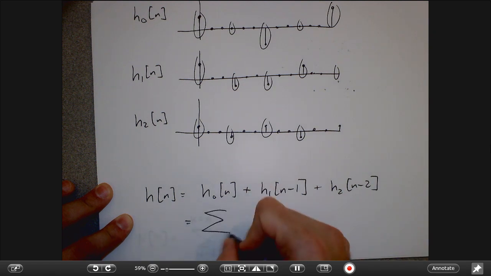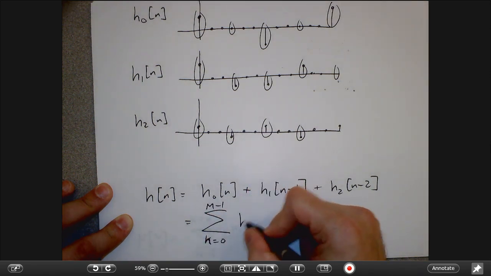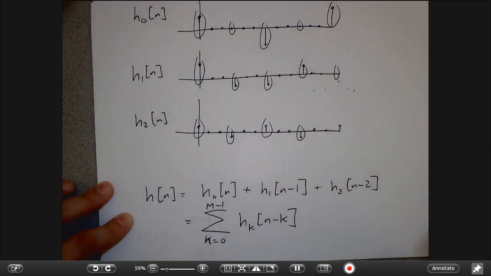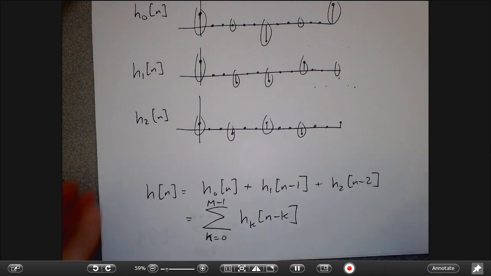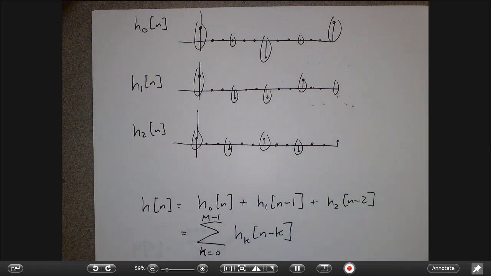So a different way of writing that is just the sum from k equals 0 to m minus 1 of hk of n minus k. Okay. And the idea here is that I can go from these signals that have too much space inside of them to 3 subsequences where I remove all the zeros from the middle, right?